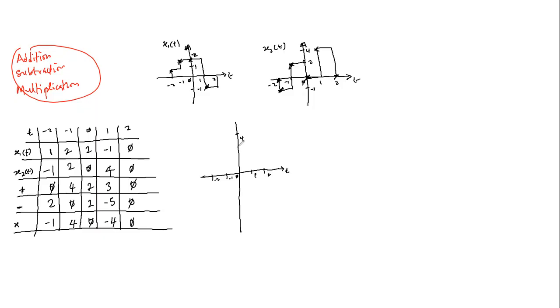Then let's assume this is 3. So let's assume this is 2. So this definitely will be 1, right? So it's all positive values. So I'm going to use this scale for x1 of t plus S2 of t.